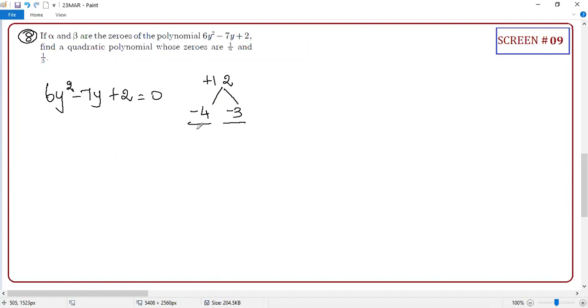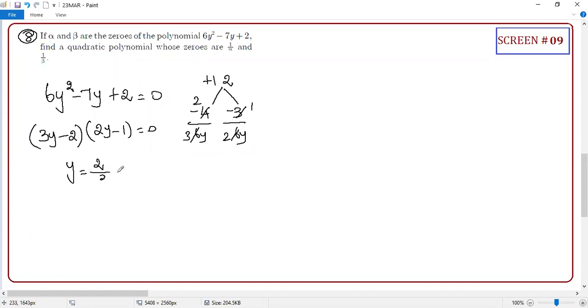And what I have to do? 6y, what you can cancel quickly? 3y minus 2, 2y minus 2. So y equal to what? 2 by 3, 1 by 2.